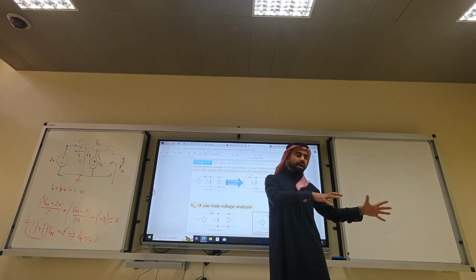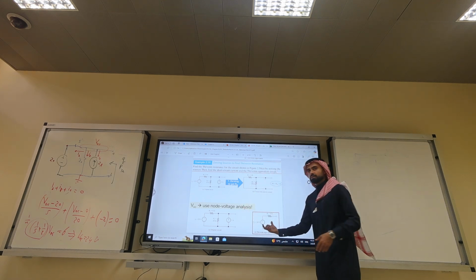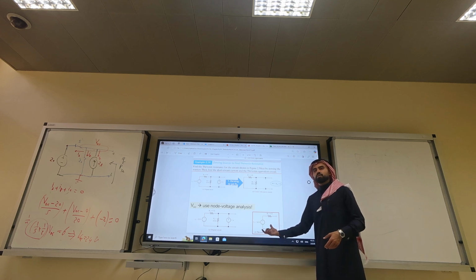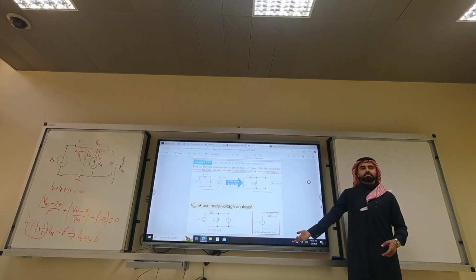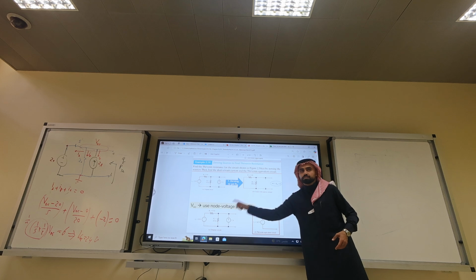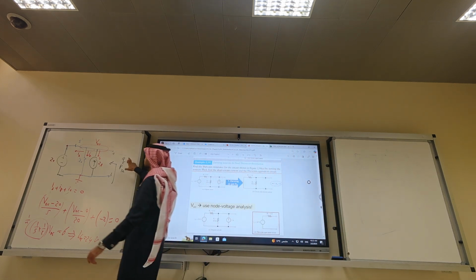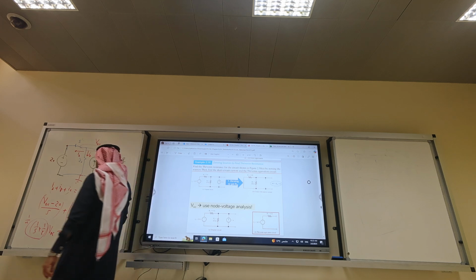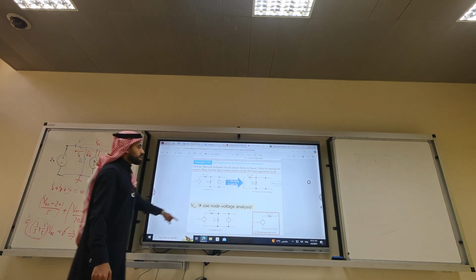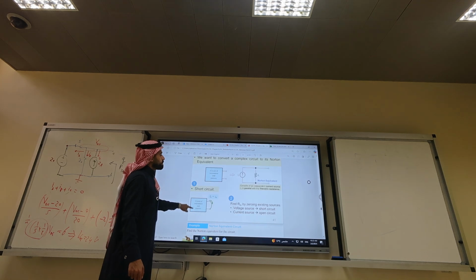So you simplify it by having a simplified model. Once you have a simplified model, you can simulate it very easily, and the results will match. Get it now? So V Thevenin is looking this way, and he calculated V Thevenin and R Thevenin.